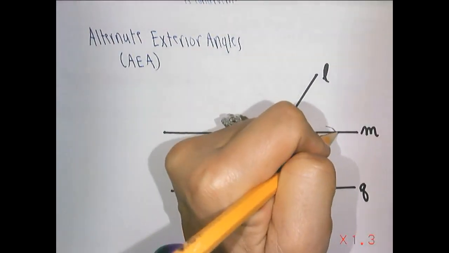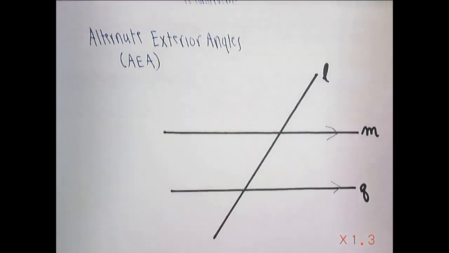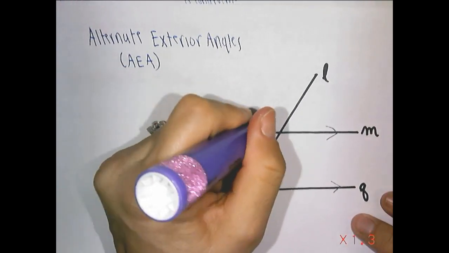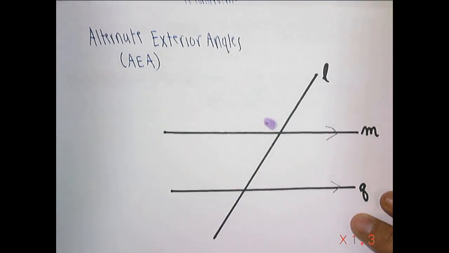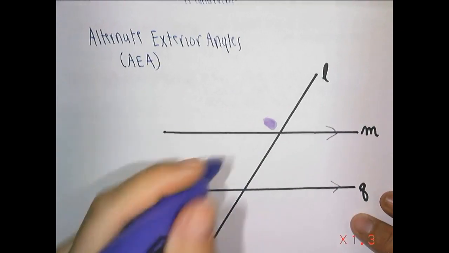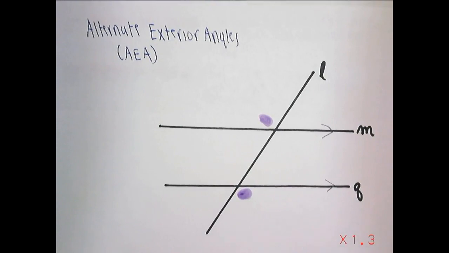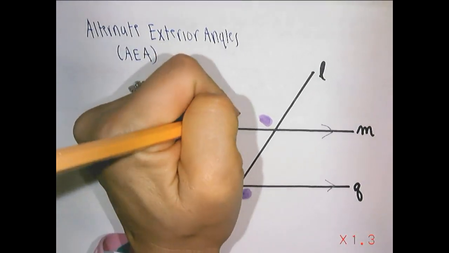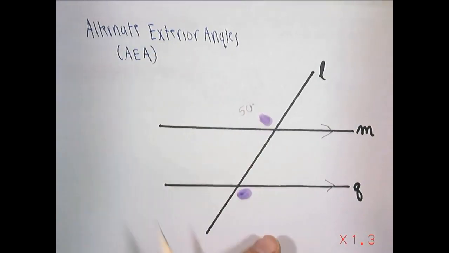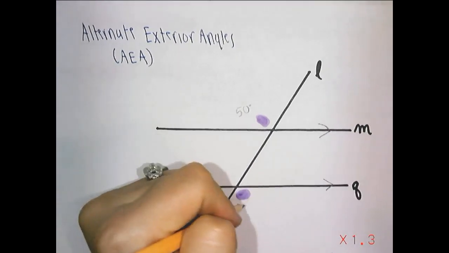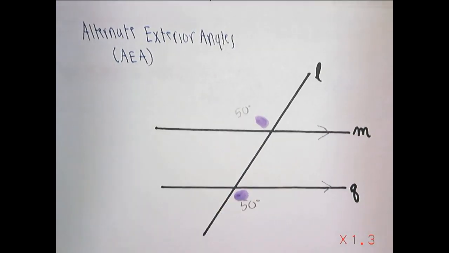These are my parallel lines. And this angle right here is on the exterior. And the alternate side over here, jumping over the line, those two angles would be congruent. So if I said this was 50, then this angle down here would also have to be 50. Those are alternate exterior angles.